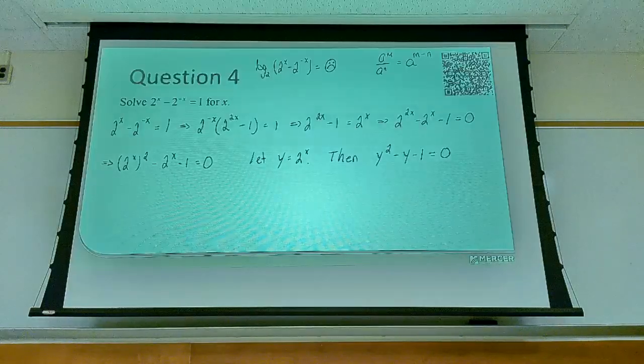And that's what our equation would become: y squared minus y minus 1 equals 0.